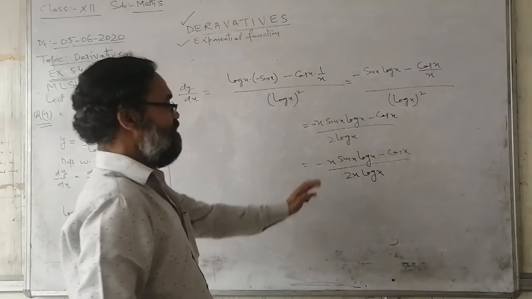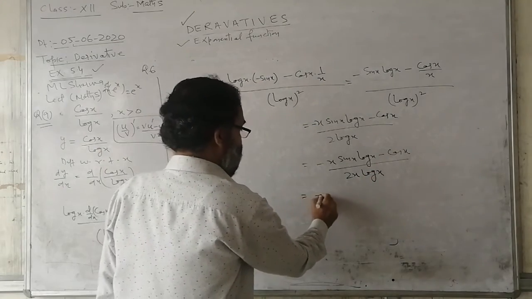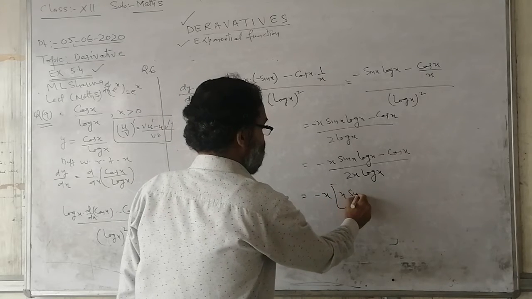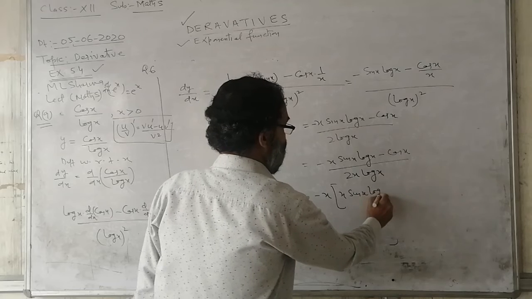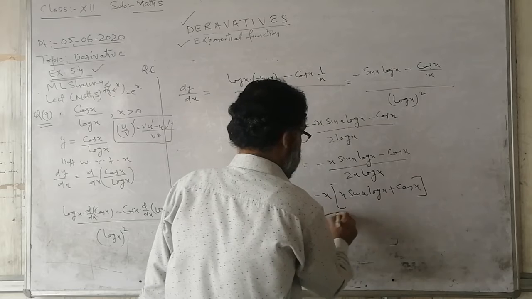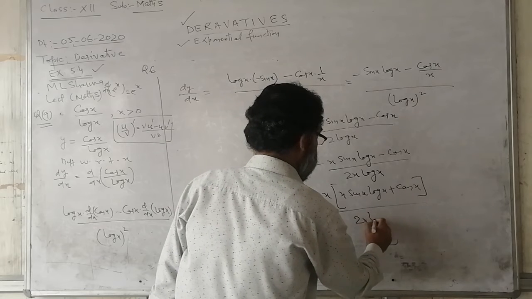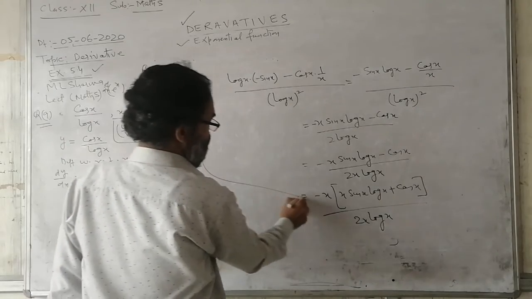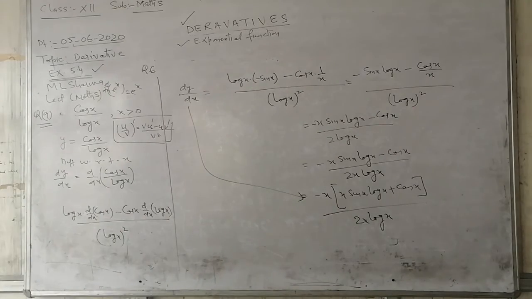So if I take minus outside, −(x sin x log x + cos x) upon 2x log x. This is the value of the derivative of the given function, which was cos x upon log x. So in this way, this question is to be solved.